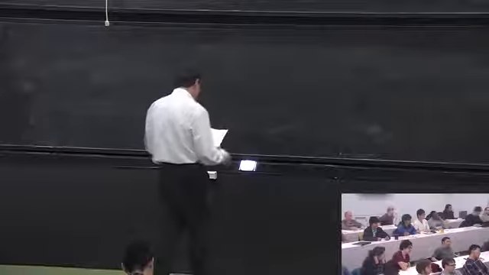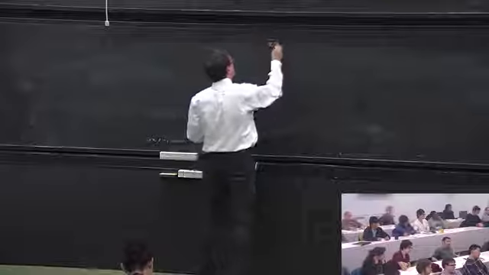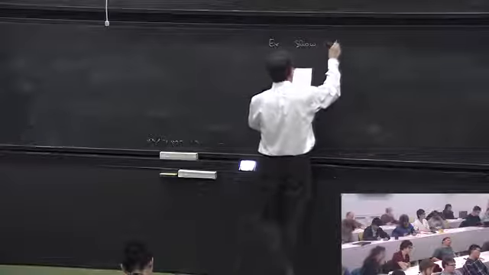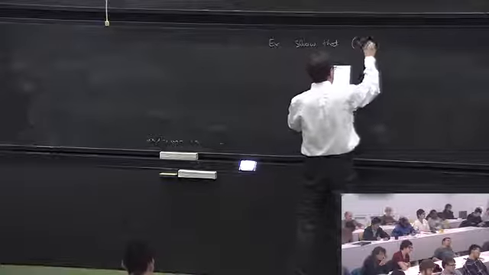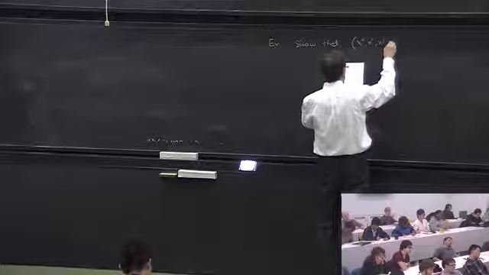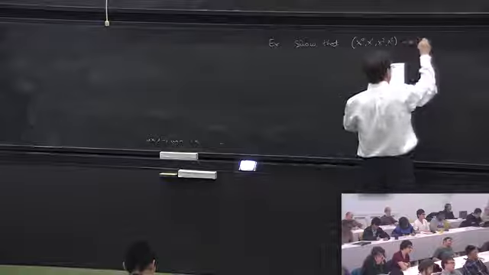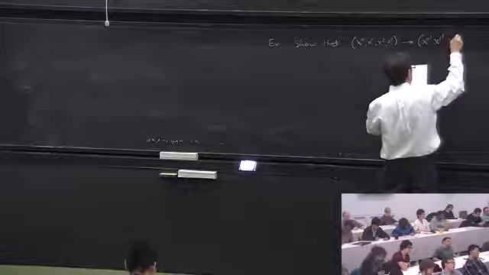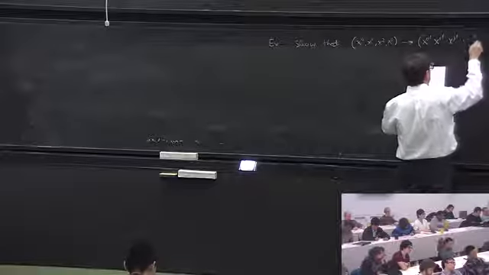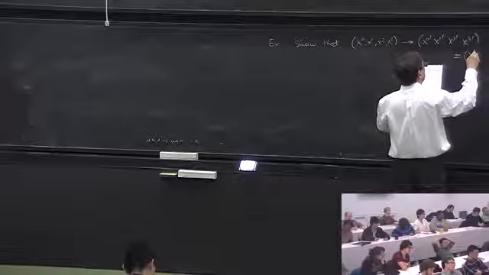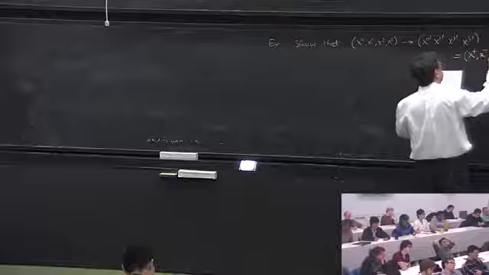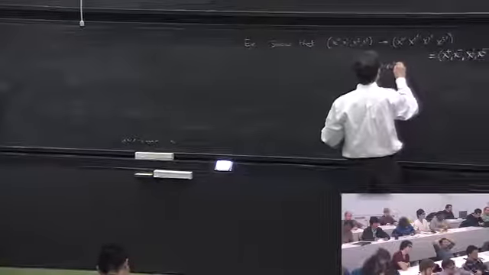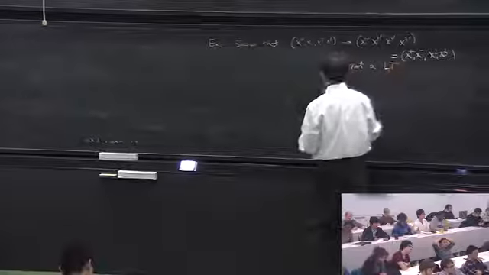So this is a little exercise. Show that the transformation x0, x1, x2, x3 goes to x0 prime, x1 prime, x2 prime, x3 prime equals x plus, x minus, x2, x3 is not a Lorentz transformation.